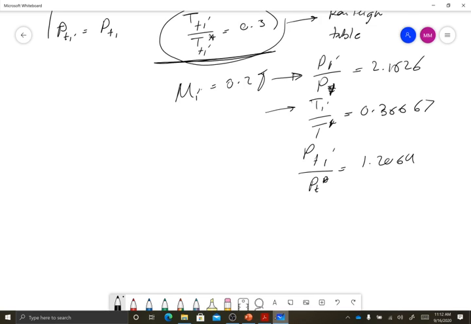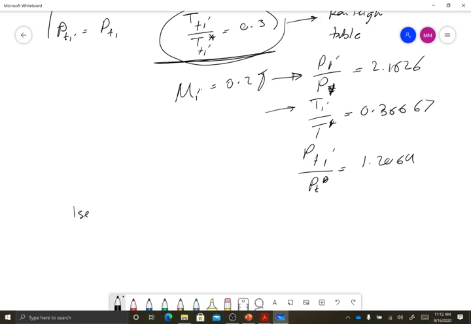Using these ratios. With these ratios? Oh, those are total. This is the ratio between the inlet and the outlet, right? We essentially have to find the ratio between the total and the static pressures and temperature, right? Because we have the total values, we don't have the static values. How do we find those total to static ratios?